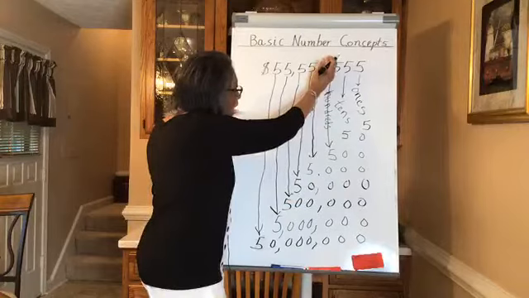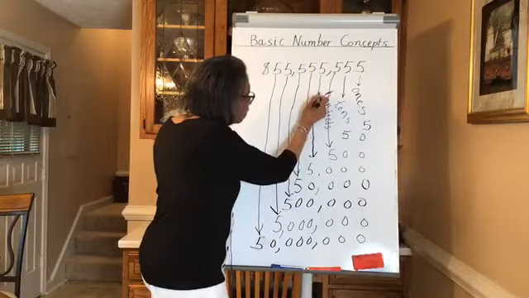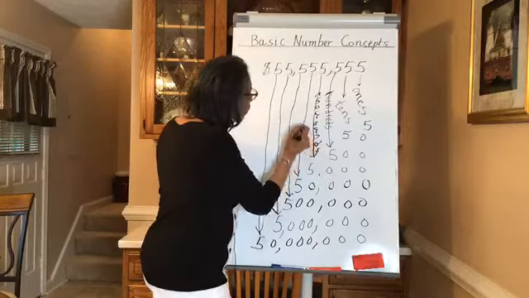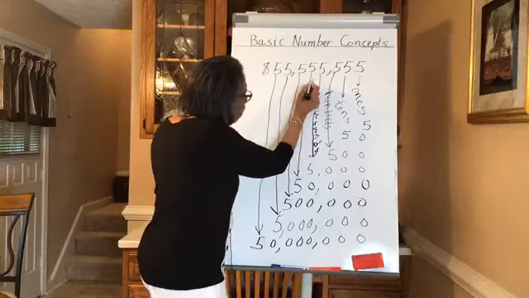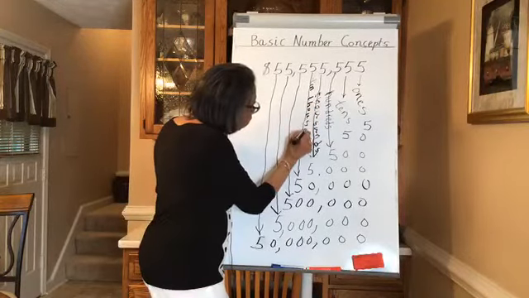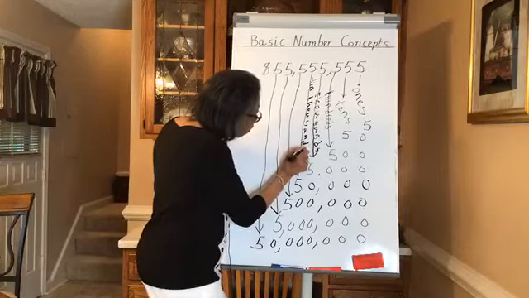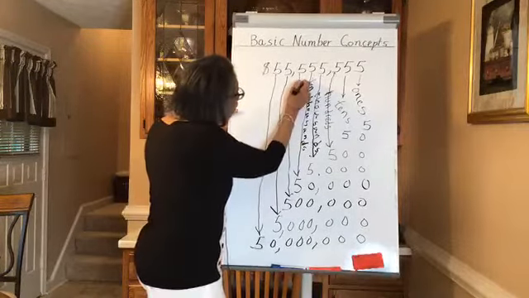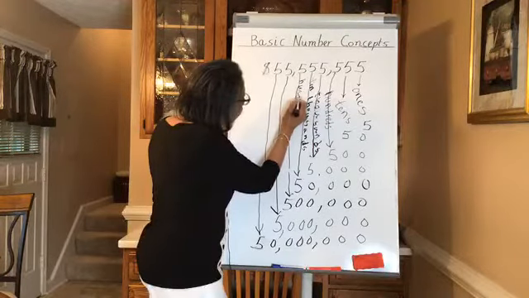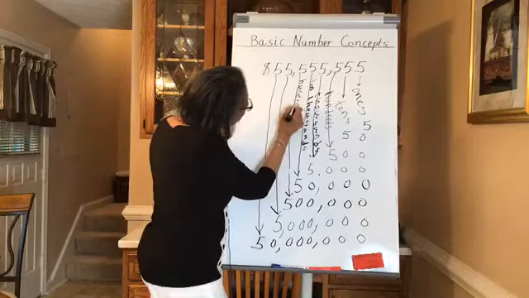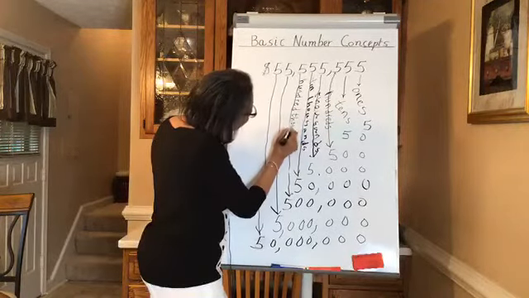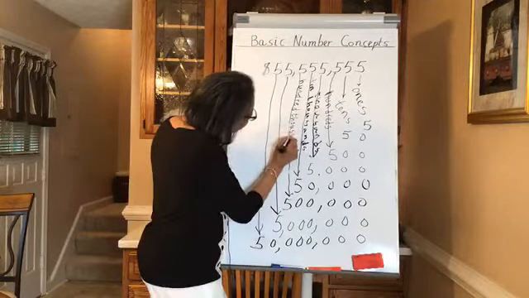The second family here is the thousands family, and we have thousands, 10,000s, 100,000s.